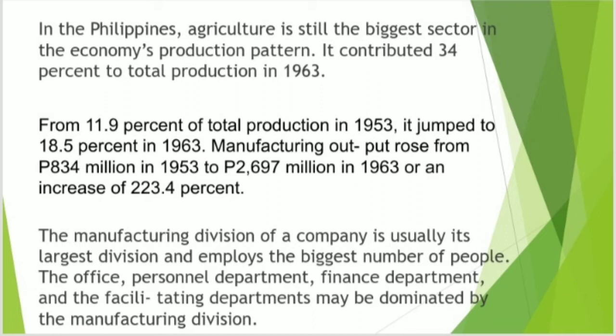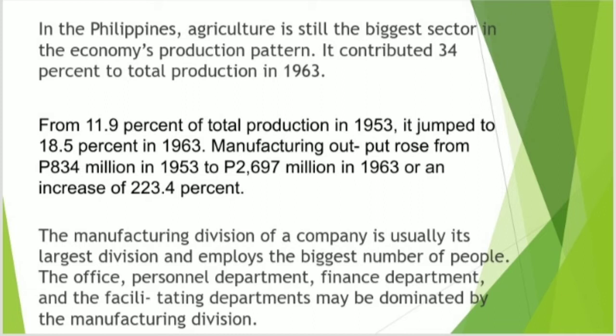Manufacturing output rose from 834 million pesos in 1953 to 237 million pesos in 1963, or an increase of 223.4%.